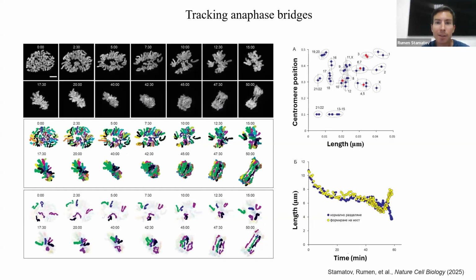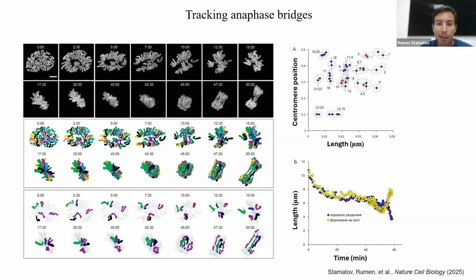The final experiment that we did, one of the most interesting actually, was to look at chromosome bridges, because we already studied normal phenotypes, but what happens when there is a bridge, right? When there is some abnormal mitosis. So what we did here is we just used a stronger laser power to induce mitotic bridges.